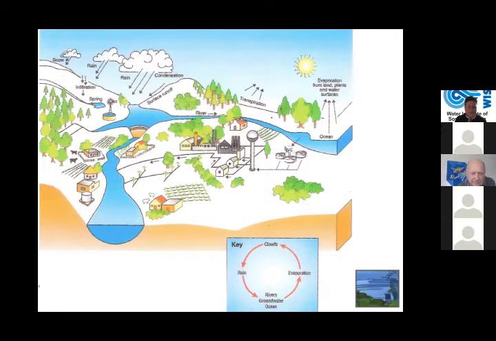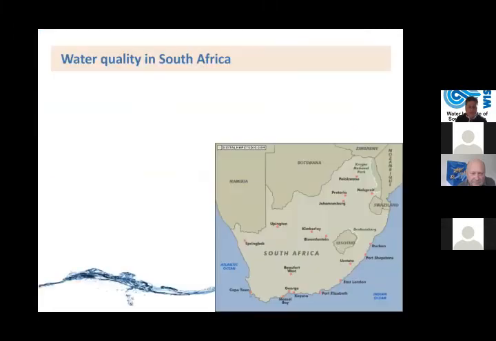So you can see the farming activities, industrial activities, and even the human wastewater treatment plants all discharge into your water courses and can cause impurities landing in your water, which we'll have a look at just now.